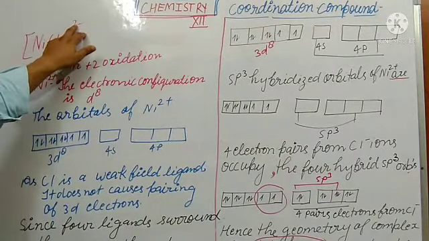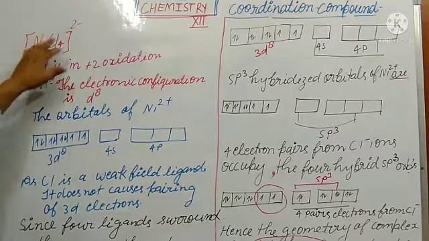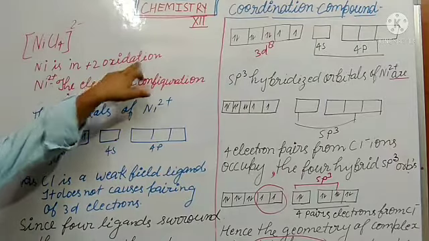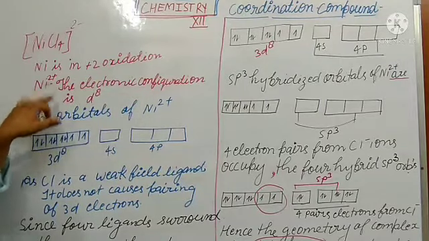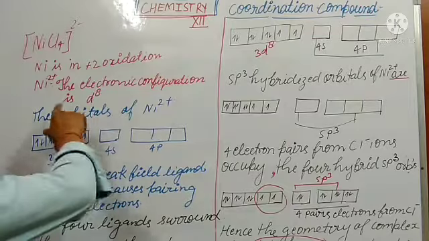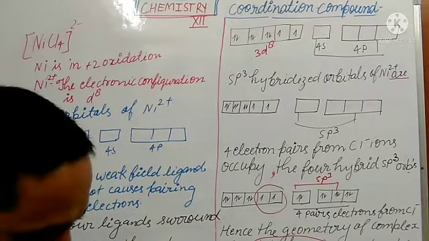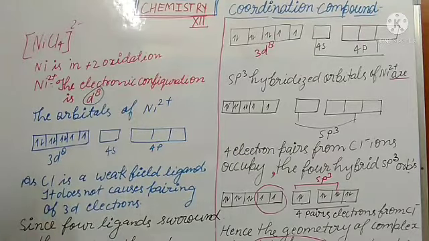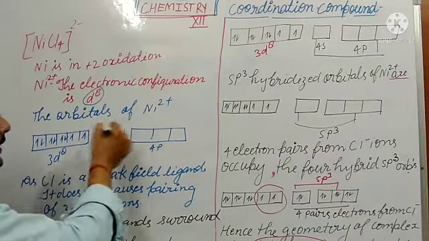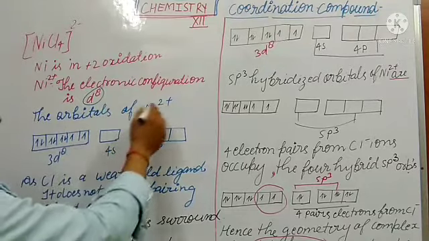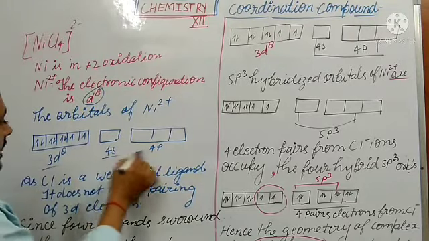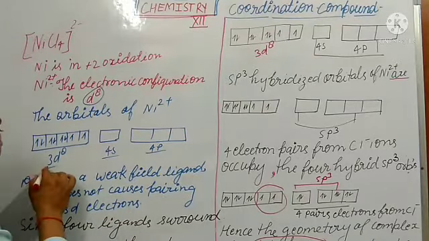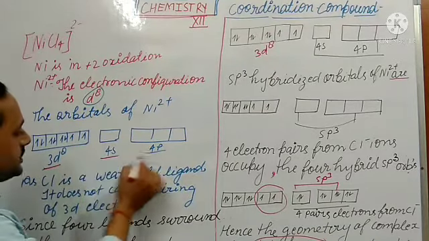Ni oxidation state is +2, the electronic configuration is d8. The orbitals of Ni: 3d8, 4s and 4p.